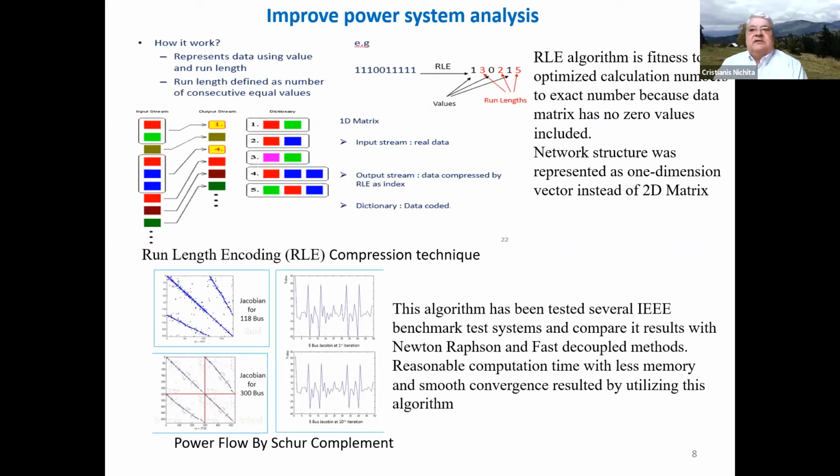There's an algorithm that we tested with several IEEE benchmark test systems, and we compared the result with the Newton-Raphson method or fast decoupling method in order to find more time for computation, to give to the operators and to the people that manage this type of energy, to find with the command control unit the optimal solution.